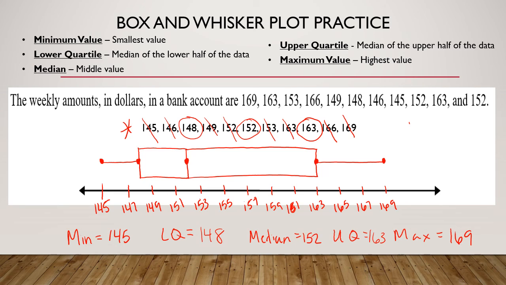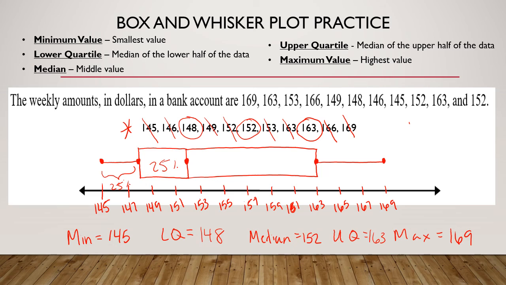What's really neat about a box and whisker plot is what you've just done is you've separated your data into 4 equal parts. So this part represents 25% of your data. This first box represents another 25% of the data.